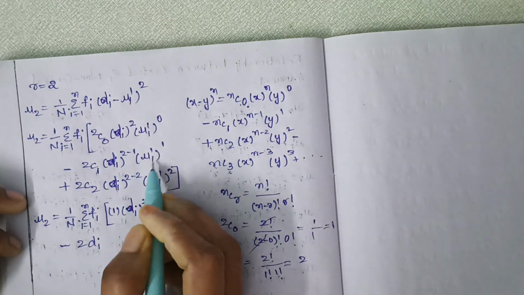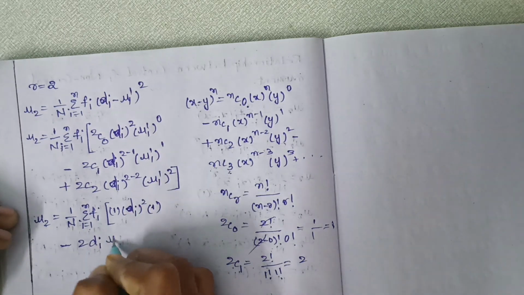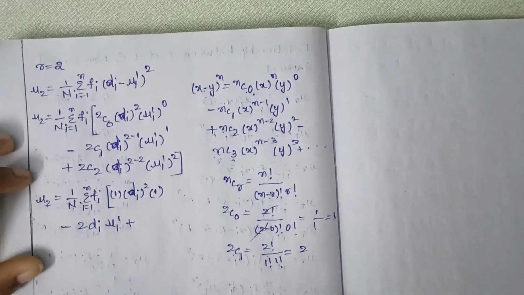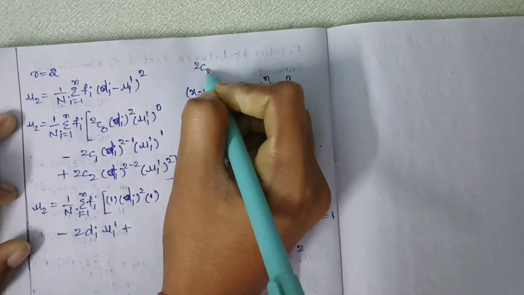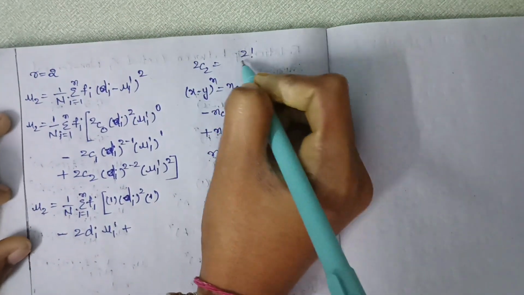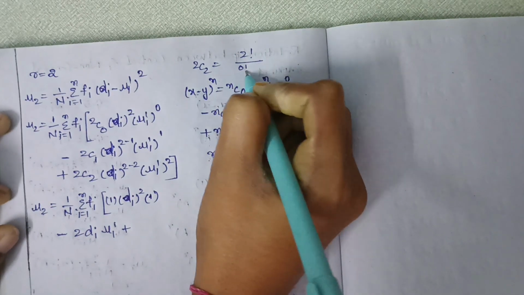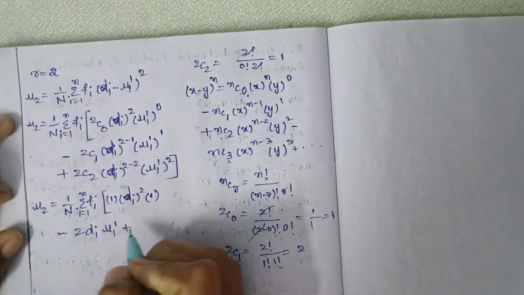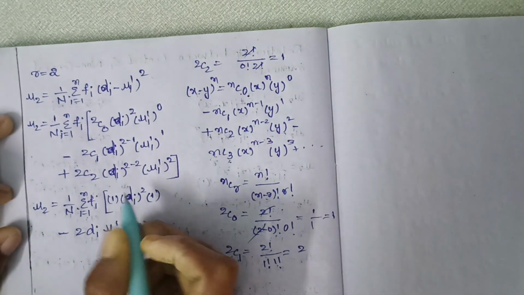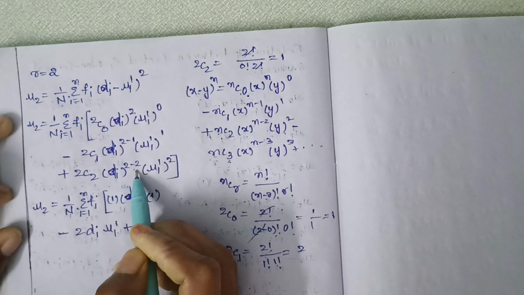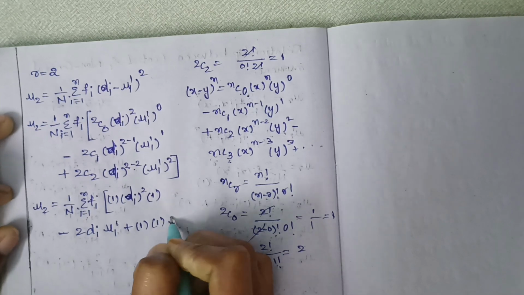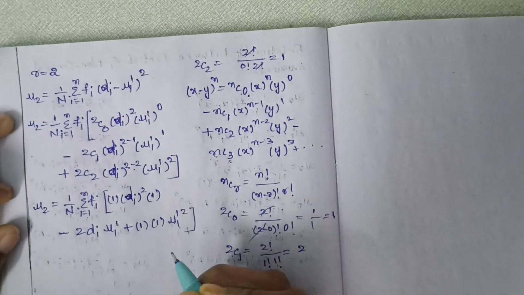So mu 1 dash whole to the power of 1 is also mu 1 dash, plus 2C2. Therefore, 2C2 is 2 factorial by (2 minus 2) factorial and 2 factorial. So we get 1. Therefore, 1 into 2 minus 2 is 0, and anything to the power of 0 is 1. So di to the power of 0 is 1. Therefore, 1 and mu 1 dash square.